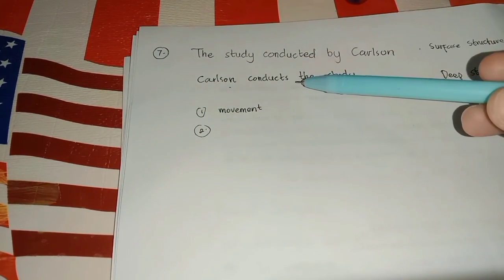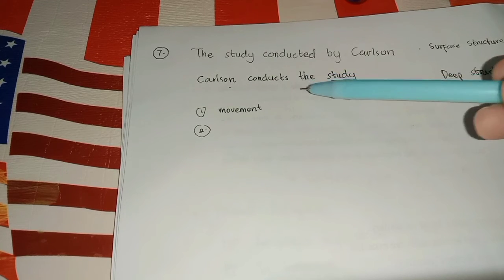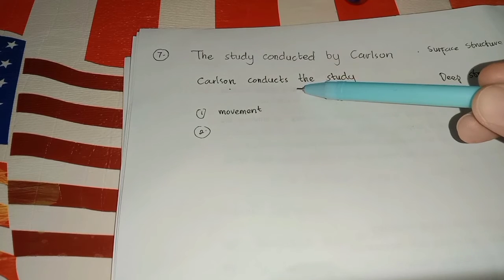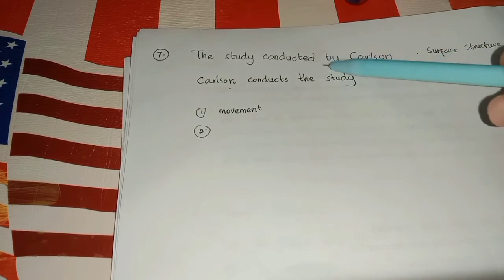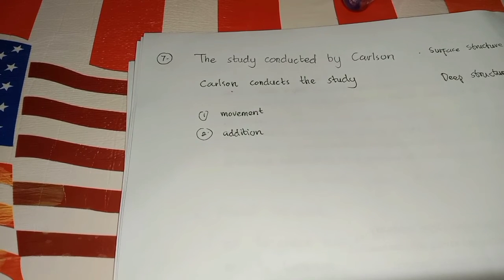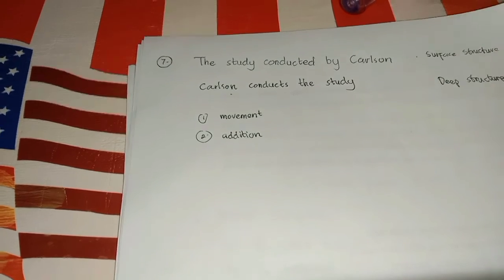For the second one is addition, because from the deep structure there is no word of by, and in surface structure, there is the word of by. I think that's all the process of the transformation. After that, we are able to analyze this sentence by tree diagram.